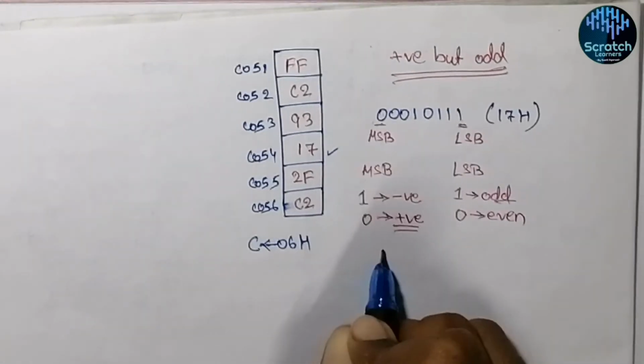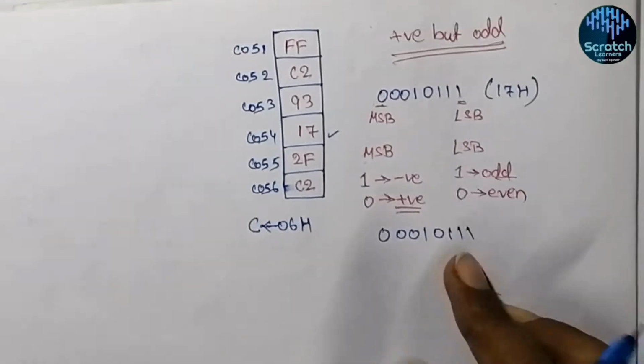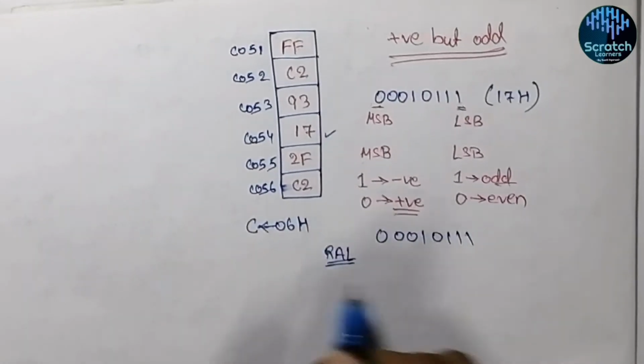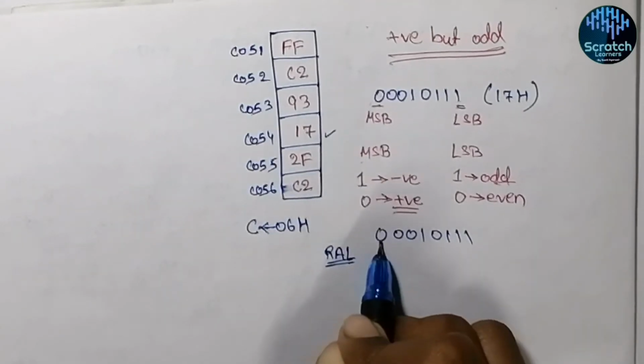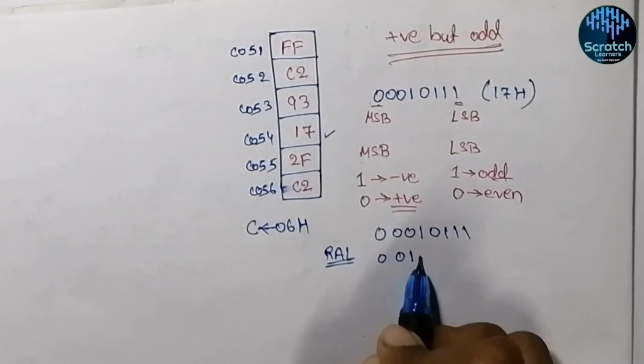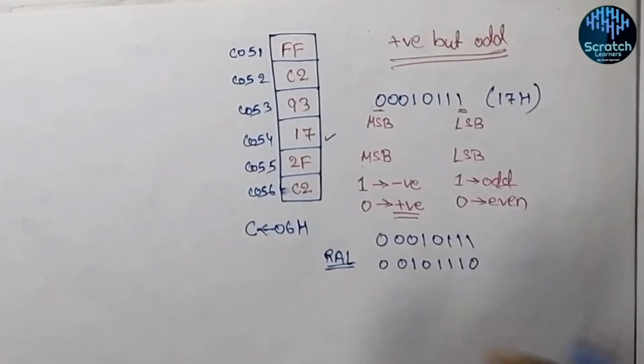This is the number, so I'm writing it here. If we rotate this towards left, okay, RAL instruction, then this 0 will come here, 0, this 1 will be here, then 0, then three ones, and here 0.